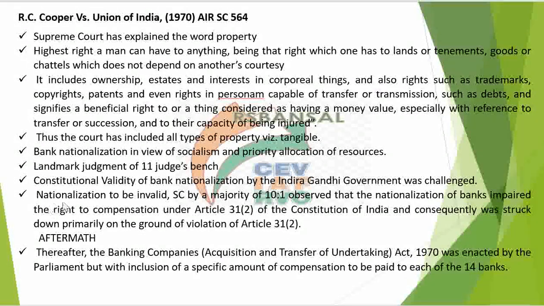The Supreme Court, by a majority of 10 to 1, observed that nationalization of banks impaired the right of compensation under Article 31(2) of the Constitution of India, and consequently it was struck down, primarily on the ground of violation of Article 31(2). Thereafter, the Banking Companies Acquisition and Transfer of Undertaking Act 1970 was enacted by Parliament, but with the inclusion of a specific amount of compensation to be paid to each of the 14 banks.